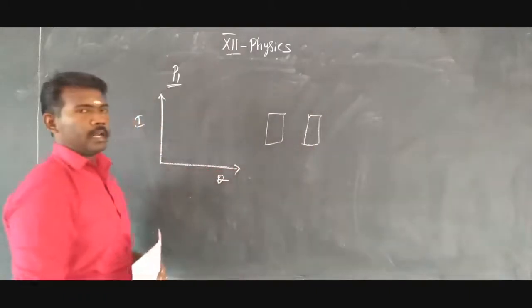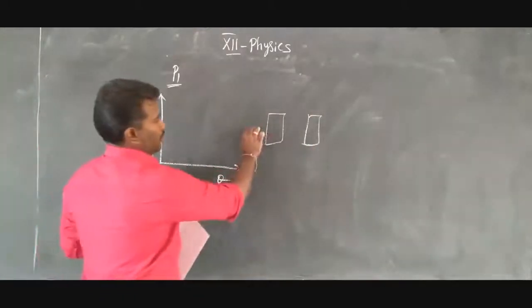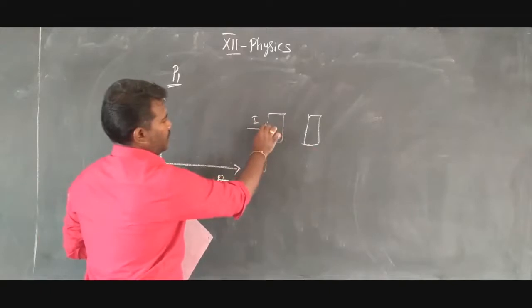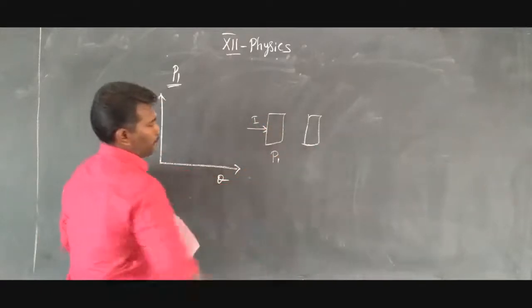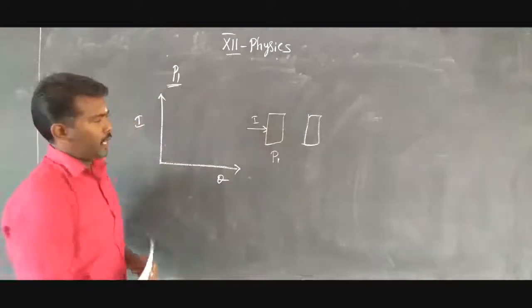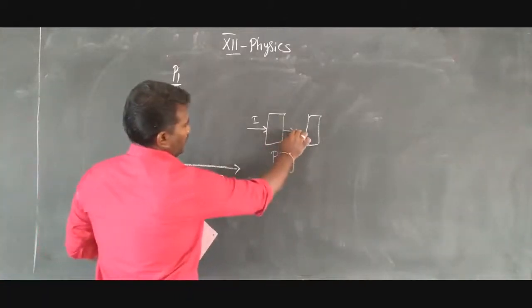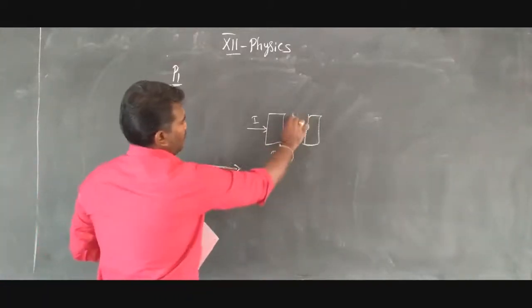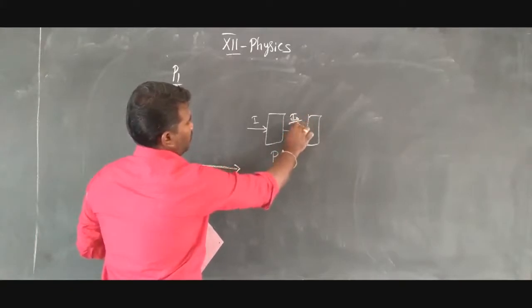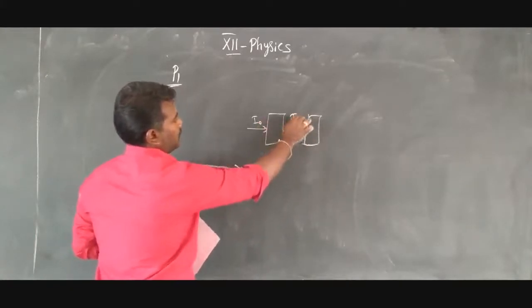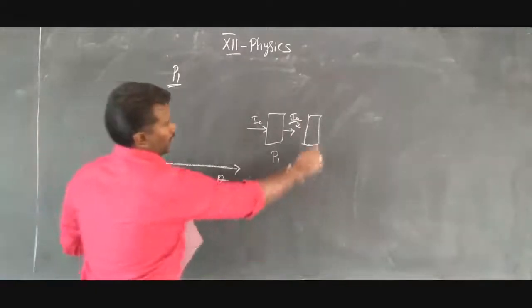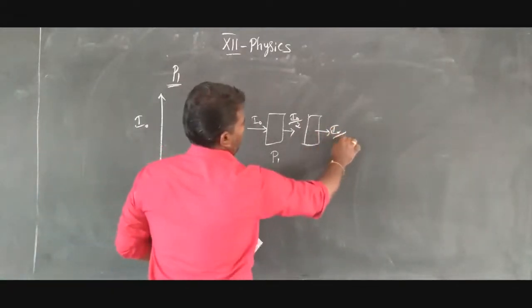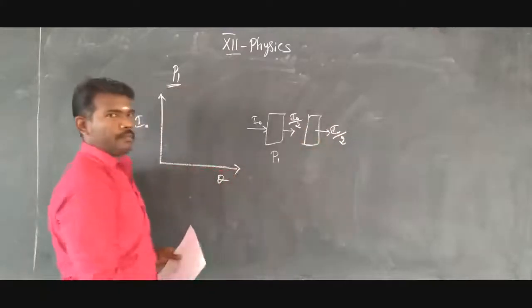Initially, the two polarizers are parallel to each other. The light of intensity I falls on the polarizer P1, and the transmitted light has the intensity I0 divided by 2.